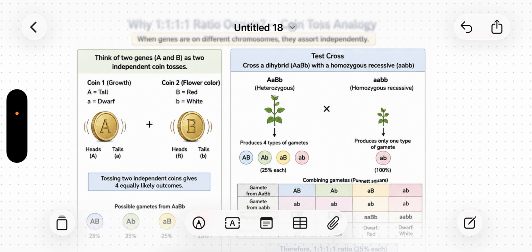Okay, let's imagine that we have two coins. Each coin has one allele for one character. For example, coin 1 has an allele for one character, and coin 2 has an allele for the other character.